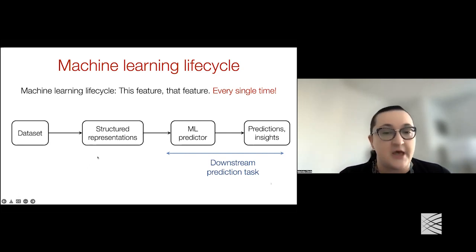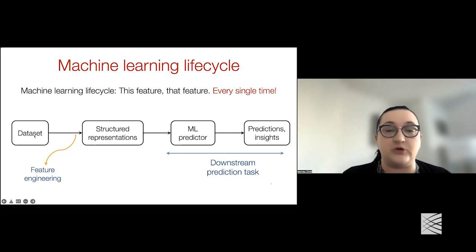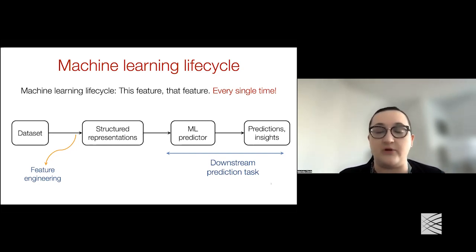Traditionally, the way we went from the input data set to structured representations is through the process of manual feature engineering, meaning that a designer of the algorithm or the one working on the application had to think very hard about how to represent each unit of analysis, whether that is a patient, a gene, a function, with a small number of informative features that can then be used to train a machine learning predictor.